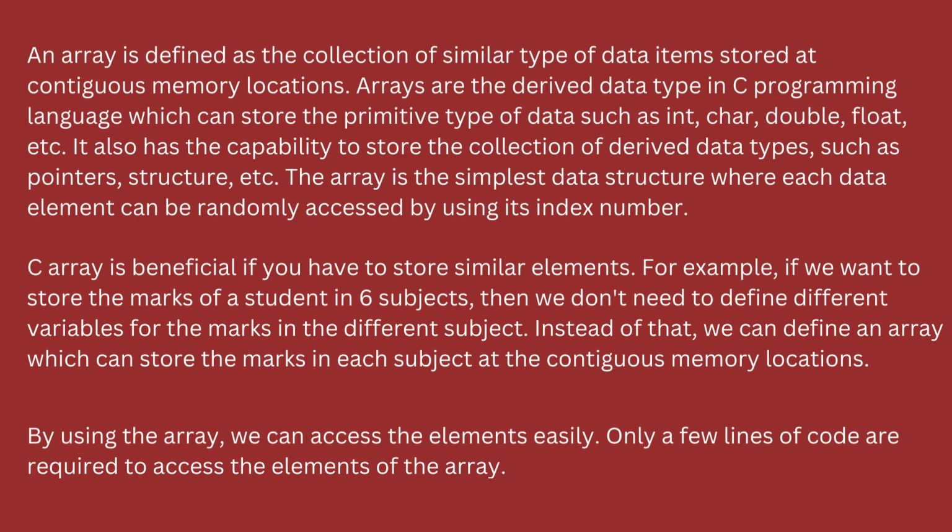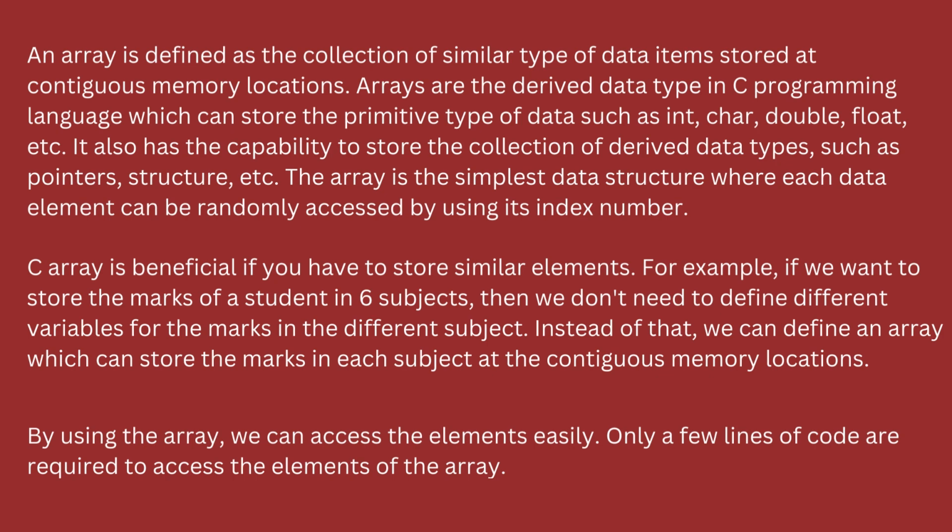Instead of that, we define an array which can store the marks in each subject at continuous memory. By using an array, we can access the elements easily. Only a few lines of code are required to access the elements of an array. So let's go to the next topic.